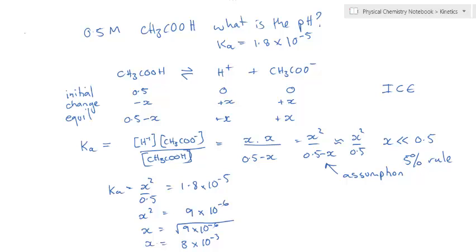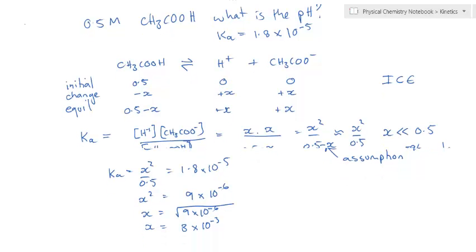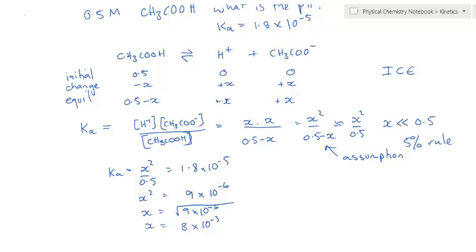So what does that mean? X. Well, what does it really mean? We look back up at this table here and we go, okay, that X is our hydronium ion concentration, H plus. So we now have a concentration of hydrogen in the solution.